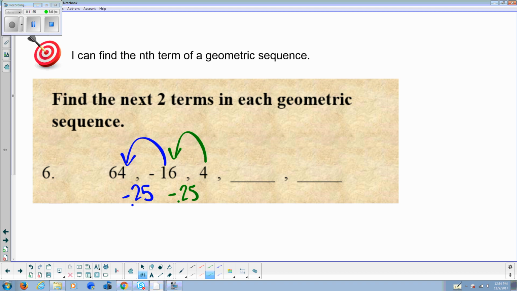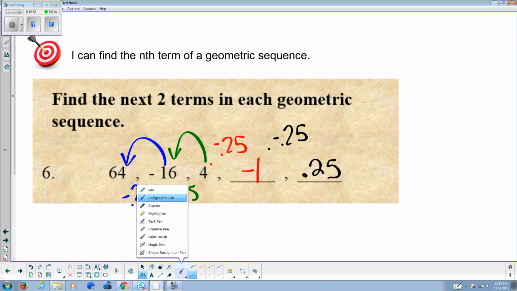So I do have a common ratio, and because my common ratio is negative, what we're going to find is that the terms of the sequence are going to go back and forth from positive to negative to positive to negative. So with a common ratio of negative 0.25, I'm going to multiply by negative 0.25. So 4 times negative 0.25 gives me a next term of negative 1. And then I'm going to multiply that by negative 0.25. And I get a last term of positive 0.25.